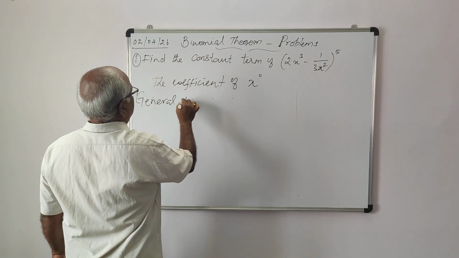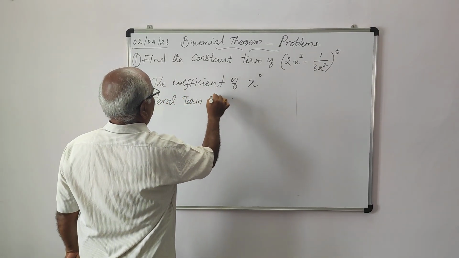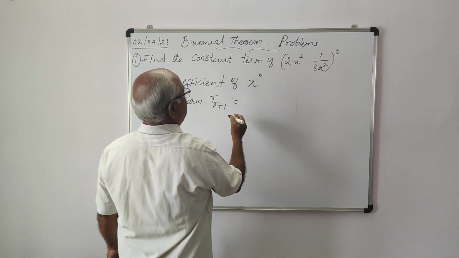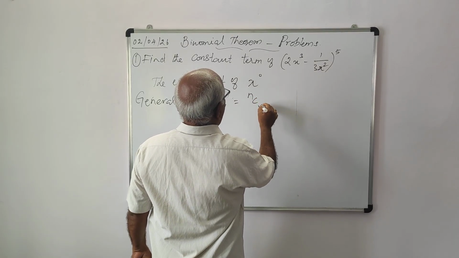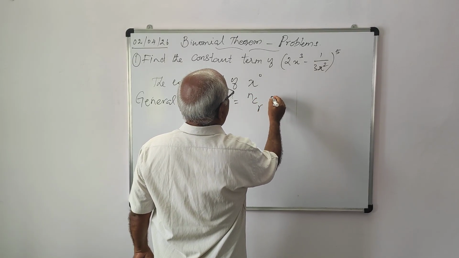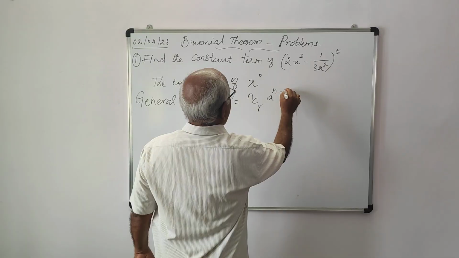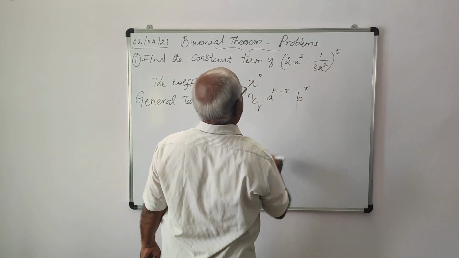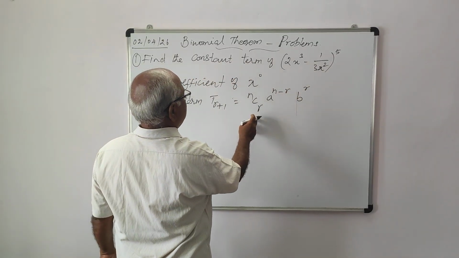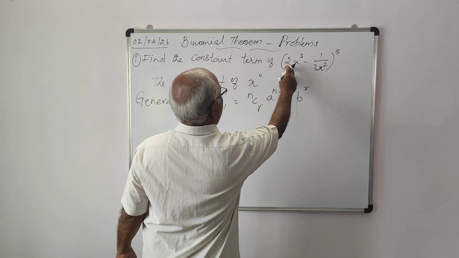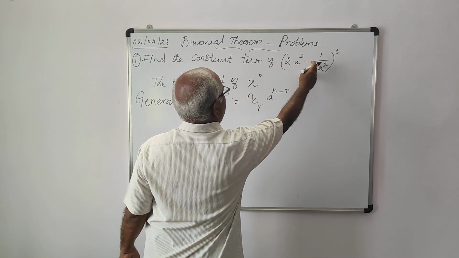The general term T r plus 1 equal to nCr a power n minus r into b power r. Here a is 2x cube and b is minus 1 by 3x square.